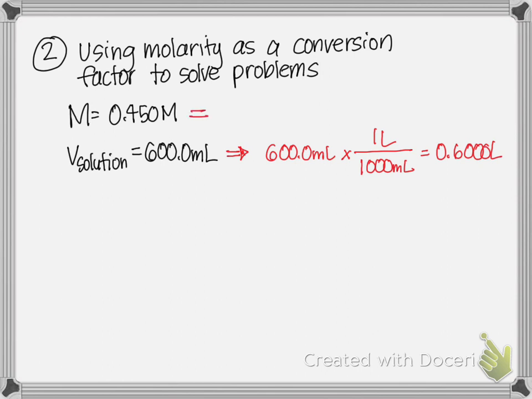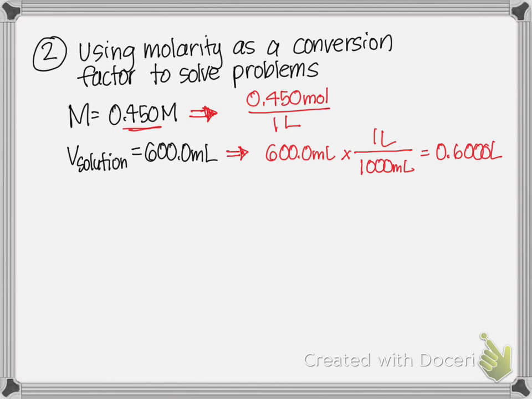And then the other thing, so now molarity, capital M, tells us whatever the number is right here, that we have that many moles in 1 liter. That's what the concentration tells us for molarity. It tells us the number of moles we have in 1 liter.